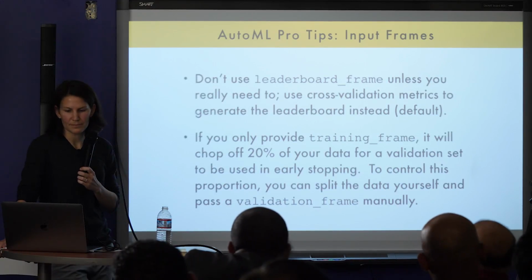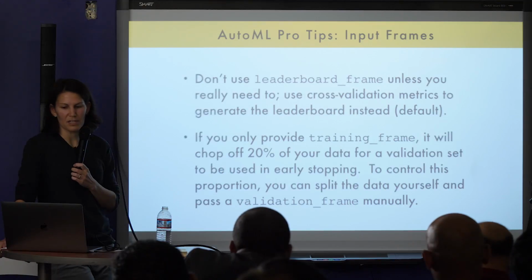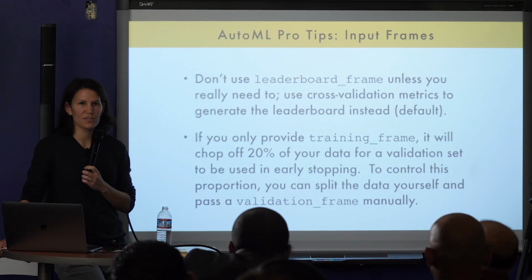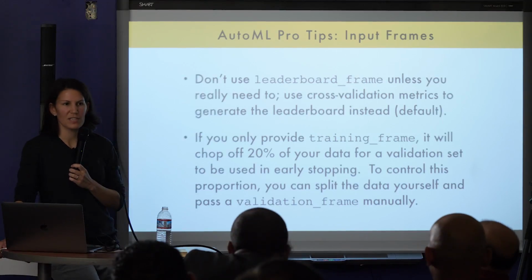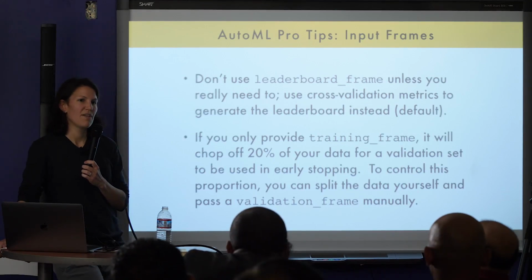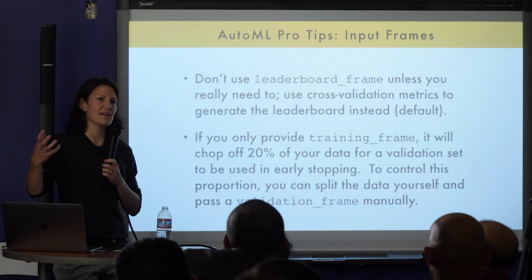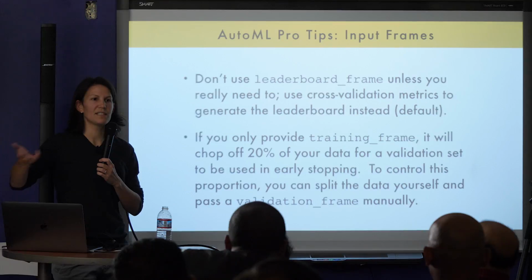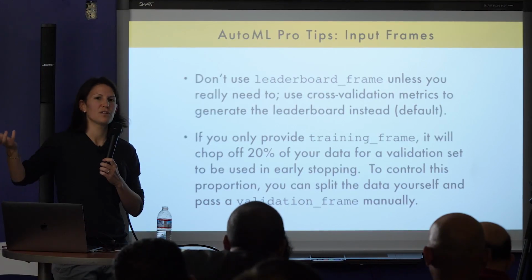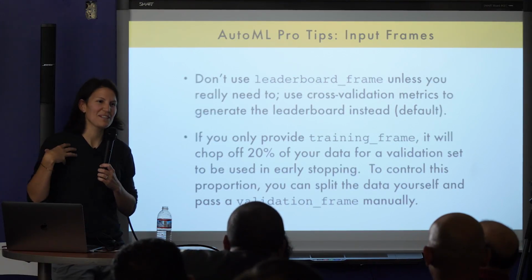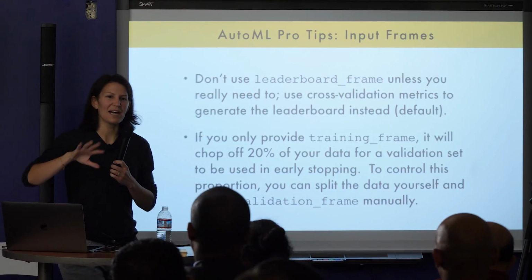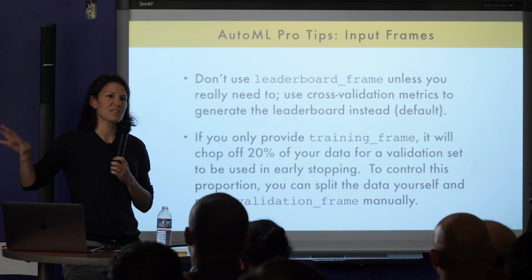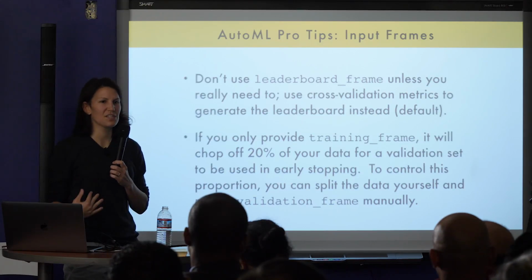There's an argument called the leaderboard frame, and we don't recommend that you use it unless you know that you need to. That frame is just for if you want to specify a test set on which you score the leaderboard; you can pass along a data frame. But it's probably better not to use a piece of data just to score the leaderboard, because if you don't set that, we will just provide you cross-validation metrics.